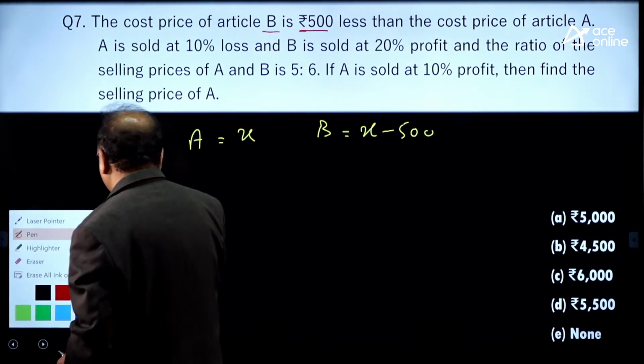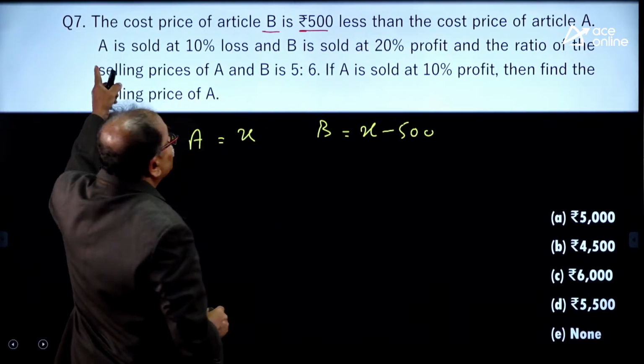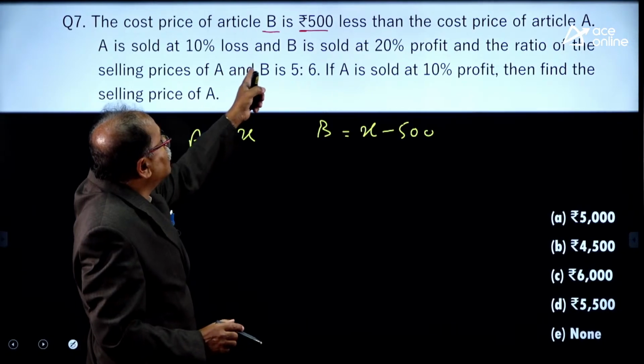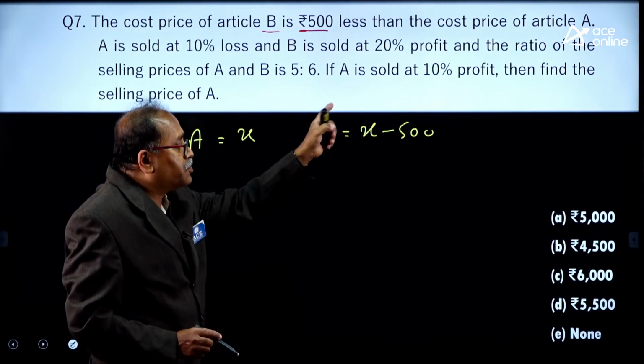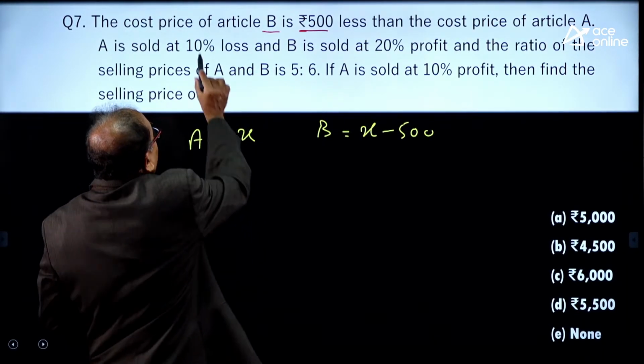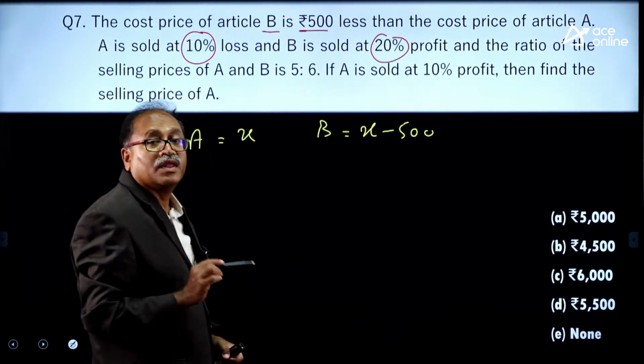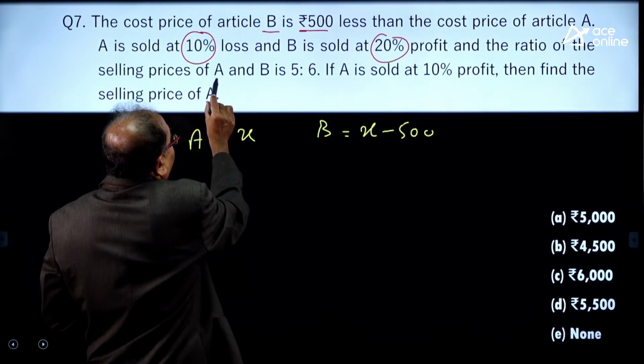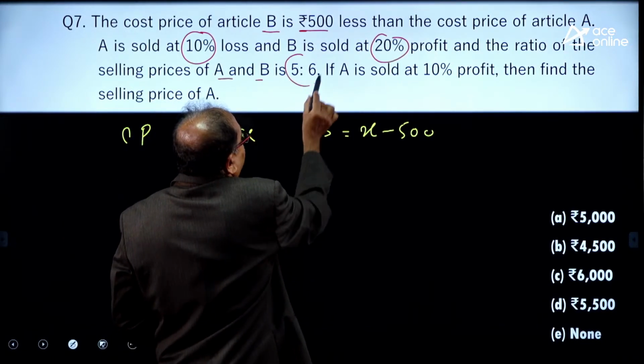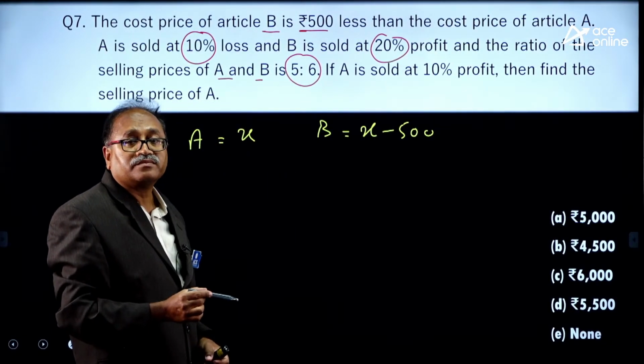And what is next? It says that A is sold at 10% loss and B is sold at 20% profit. So, A 10% loss, B 20% profit, and the ratio of the selling price of A to B is 5:6.